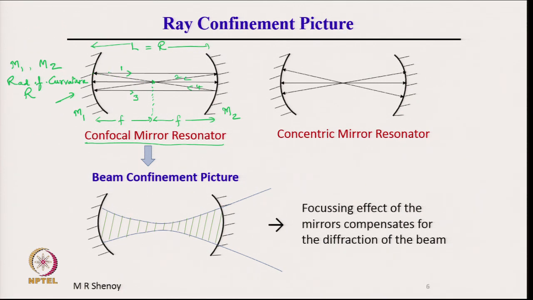In other words, all rays which travel like this will come back, or they are indefinitely trapped inside the resonator, and that is called a ray confinement picture of the resonator.